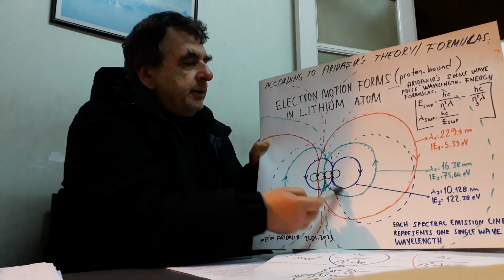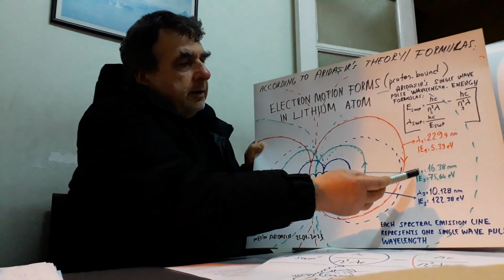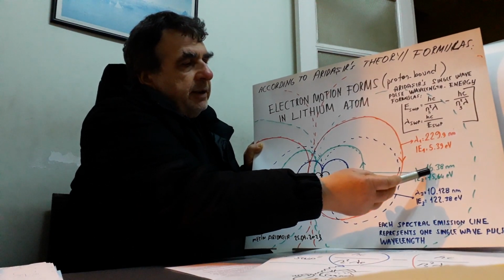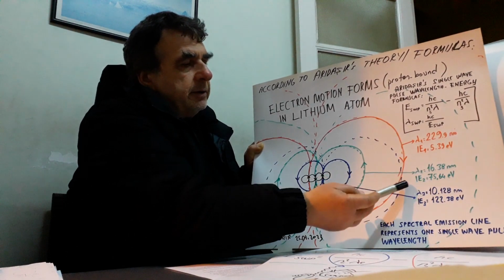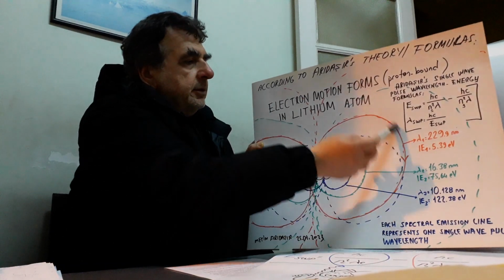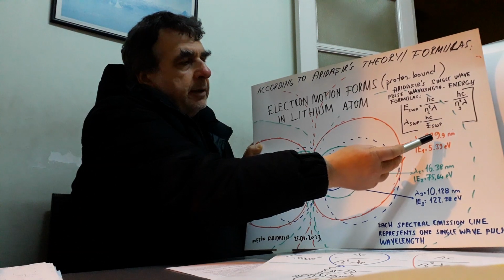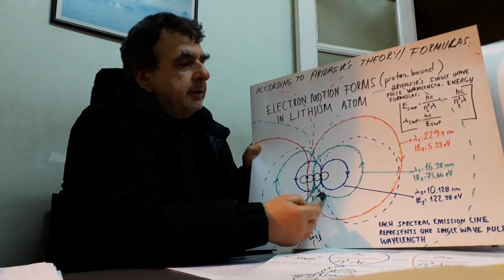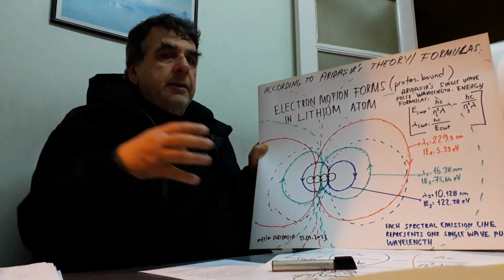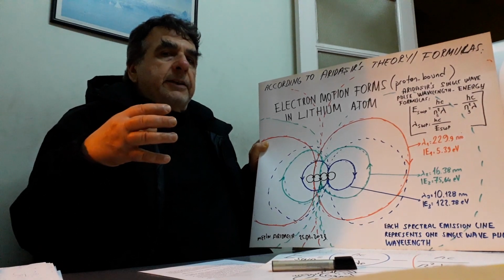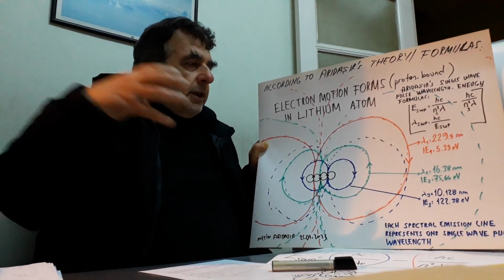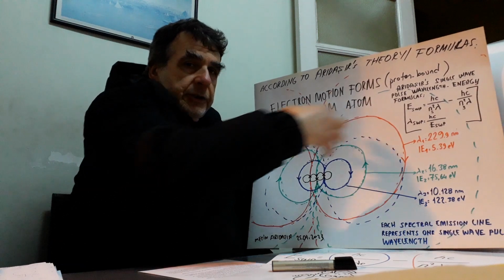And the greater green one, its lambda is 16.38 nanometer, and the greatest one is 229.9 nanometer wavelength. Okay, under the effects of effective successive waves, they can enlarge and shrink again.